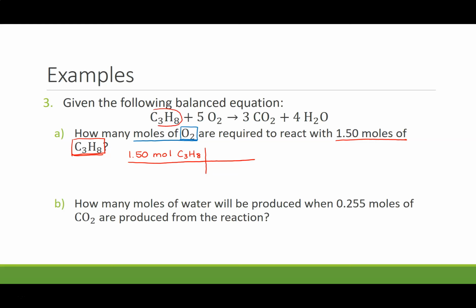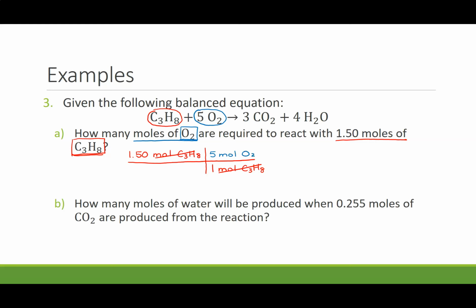Now we're going to look at the balanced equation for the mole ratio. 1 mole of C3H8, we will write that on the bottom. Now the reason why we would write this on the bottom is so that we can cancel out moles of C3H8. And the coefficient for O2 is 5, so we'll write 5 moles of O2 on the top.